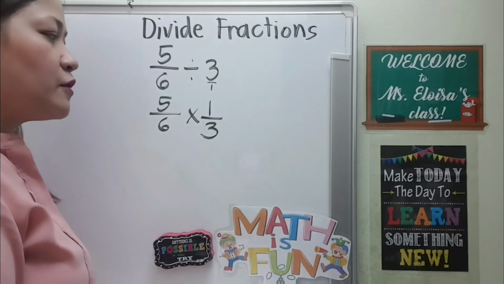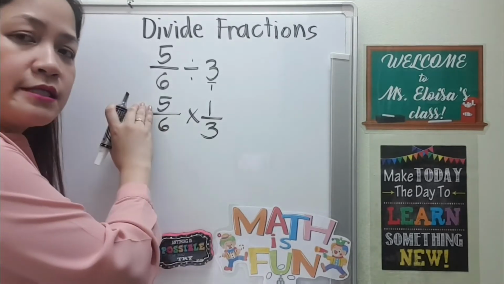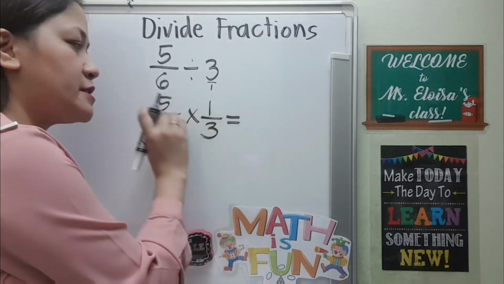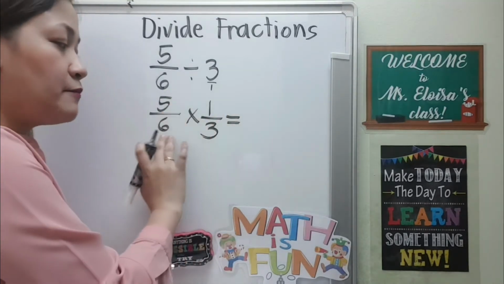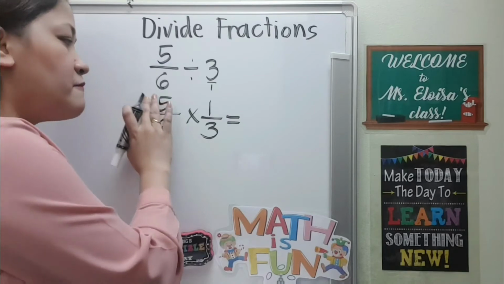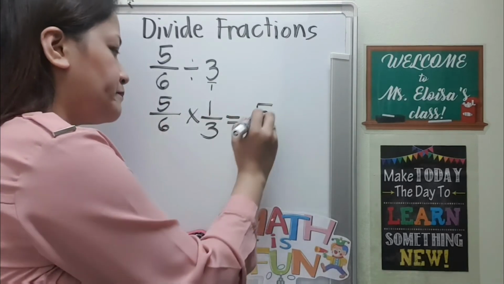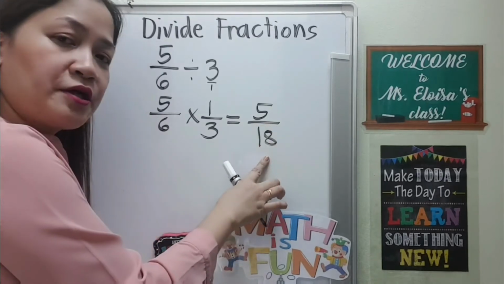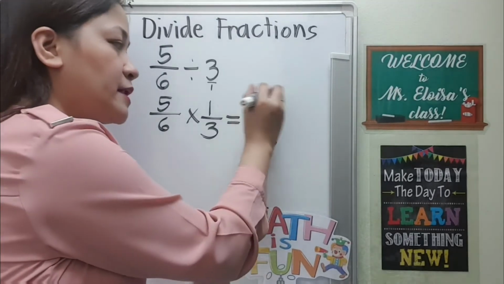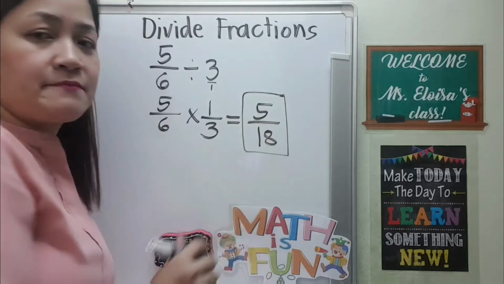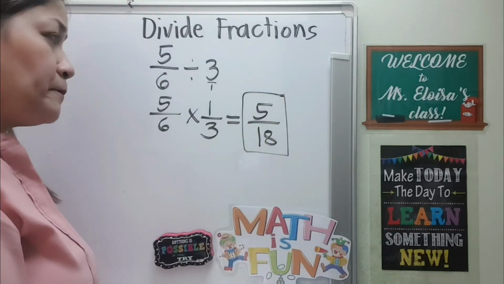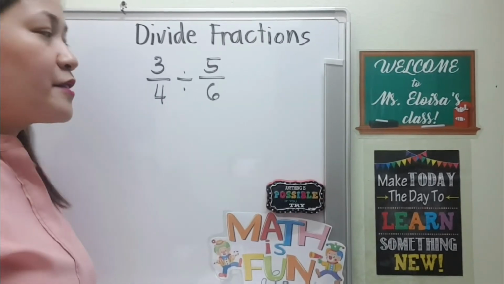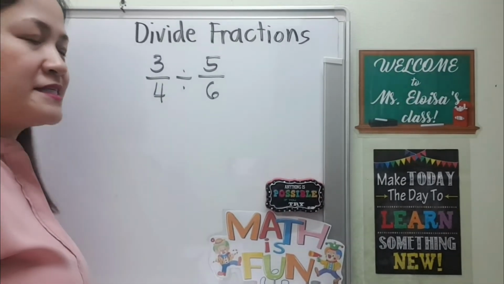Now we don't have common factors between the numerators and the denominators, so we will just multiply the numerators and then multiply the denominators. 5 times 1 is 5. 6 times 3 is 18. No other common factor aside from 1, so that means it is already in simplest form. That quotient is 5/18.